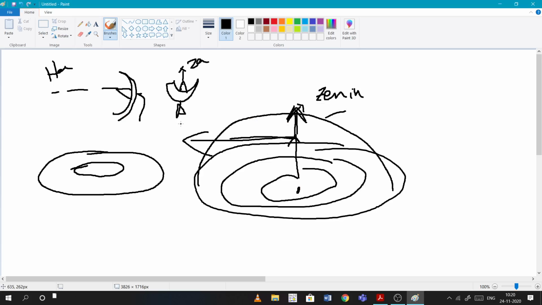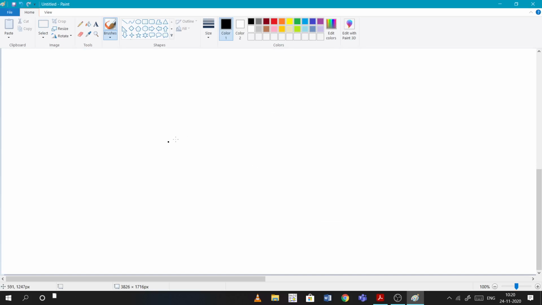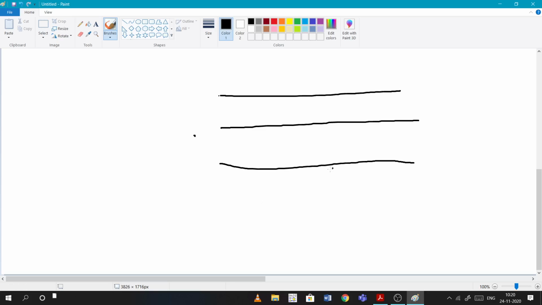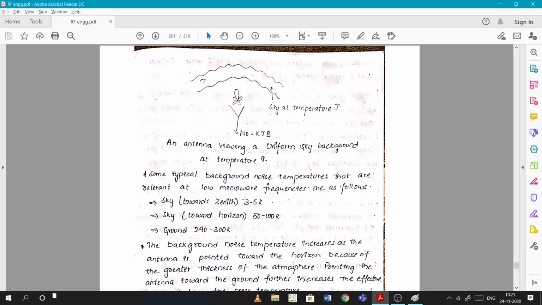What is the difference between these two positions? When you observe the layers of the atmosphere, at zenith it is the topmost layer. As the altitude increases, the temperature drops, which is why on hilltops it is so cool. For the same reason, at zenith the temperature is 3 to 5 Kelvin, nearly 0 Kelvin.